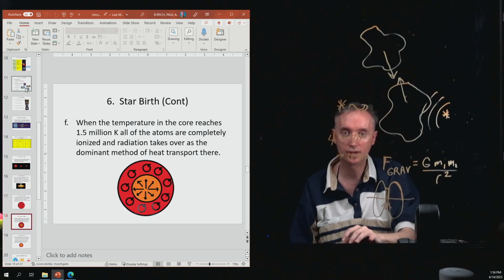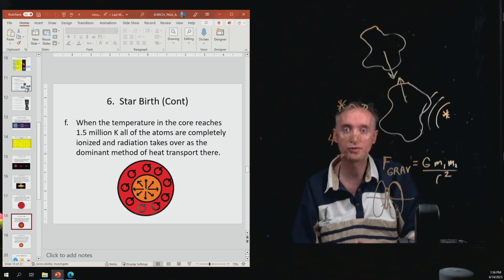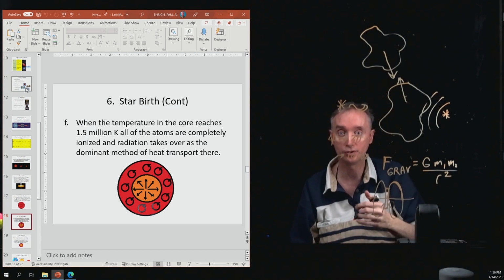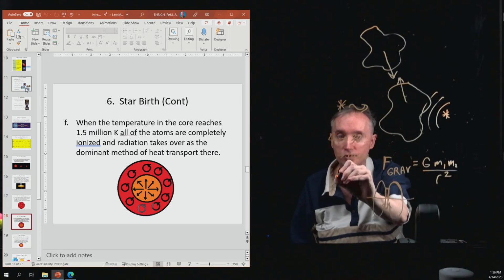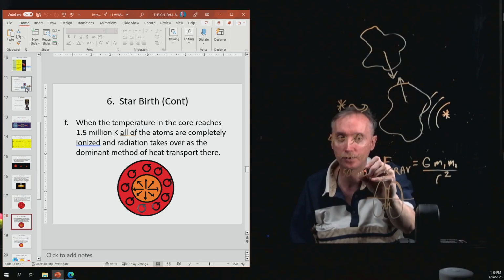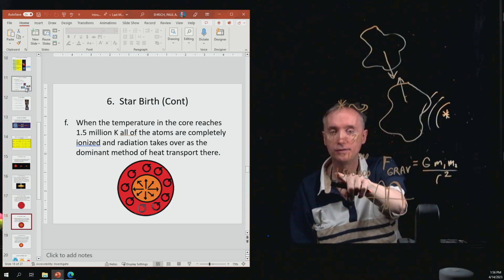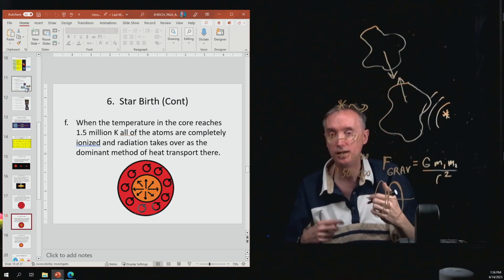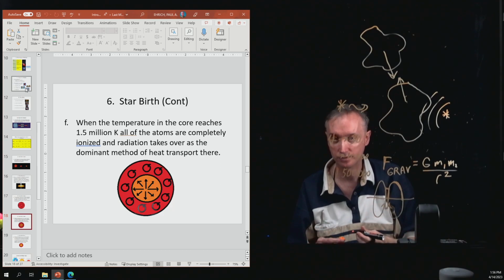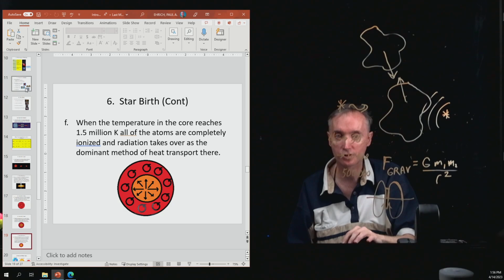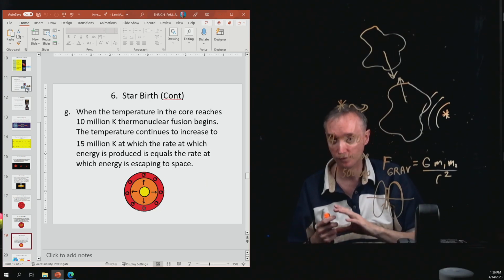Okay, then the next thing is it's going to get up to 1.5 million. So now we're up to 1.5 million Kelvin. At that temperature, the heat begins to radiate in the center. And then finally, the temperature gets up to 10 million Kelvin.